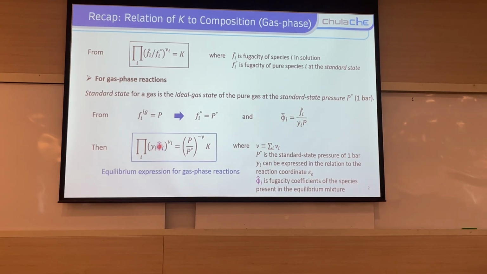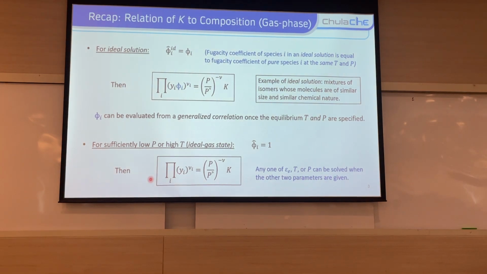If the purple parameter here is equal to 1, then the equation is simplified to these equations. This equation is useful when you can assume an ideal gas state and every species in your chemical reaction is intact.